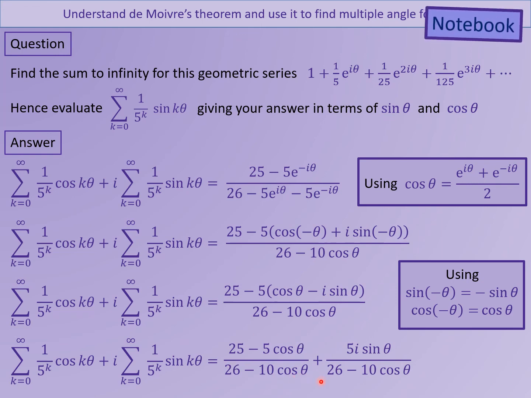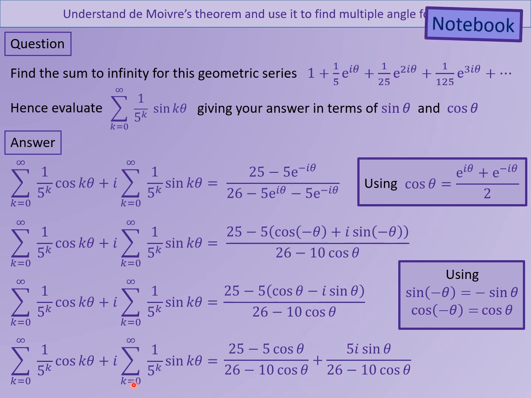And again, just convince yourself you're happy with that. That plus that is exactly the same as that. Same denominator. So that plus that is where that part comes from. Okay, right. Why have I done that? Because now, if I equate the reals, I would get that series is the same as that.